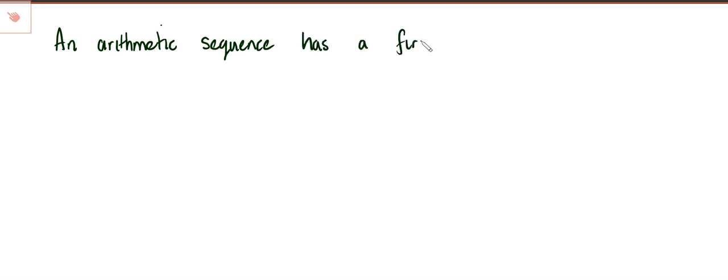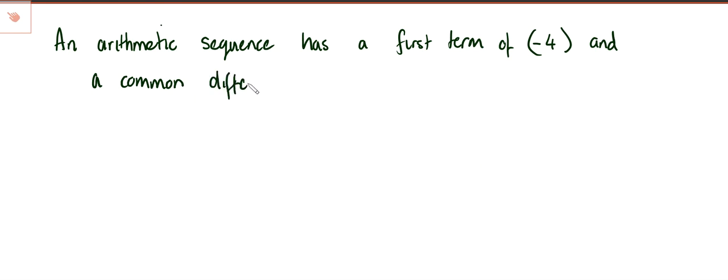So we'll write another example for us to do just quickly, and you're going to do this for homework, right? I'll give one question or two for you to do by tomorrow. So write this down. An arithmetic sequence has a first term of -4 and a common difference of 6.